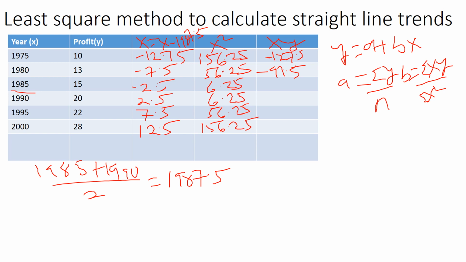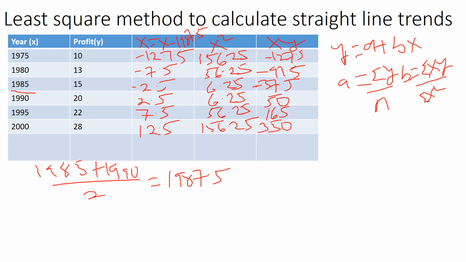And then we have 15 multiplied by negative 2.5, you get negative 37.5, and then 20 multiplied by 2.5, you get 50, and then we have 22 multiplied by 7.5, you get 165, and then we have 28 multiplied by 12.5, you get 350.